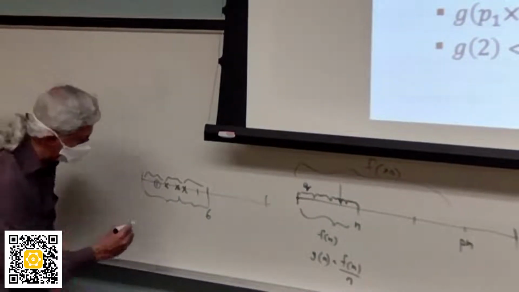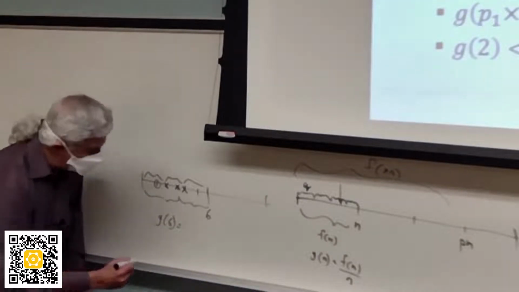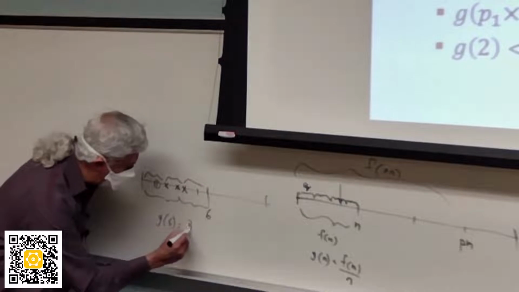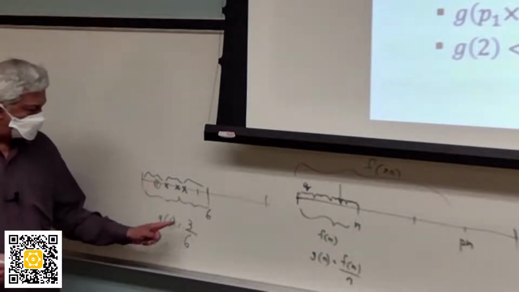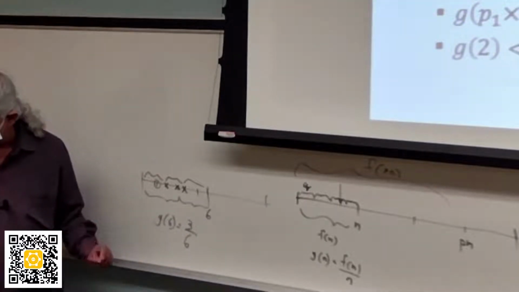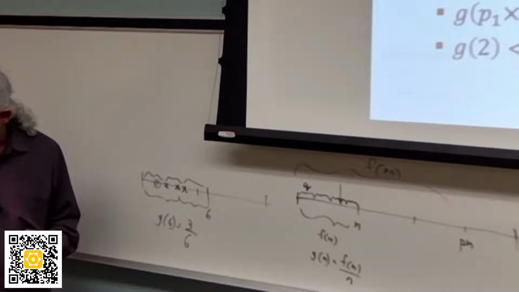So therefore, g of 6 is going to be 3 divided by 6, right? Because there are 3 numbers that have common factors with 6, and the denominator is 6. Yeah?